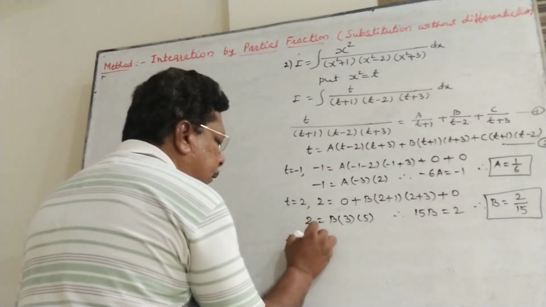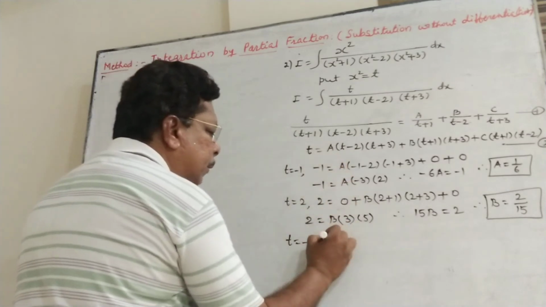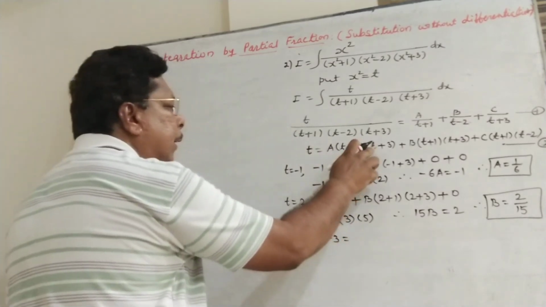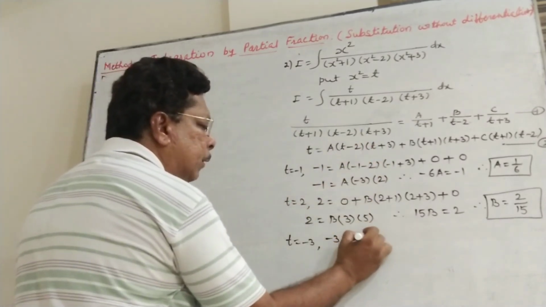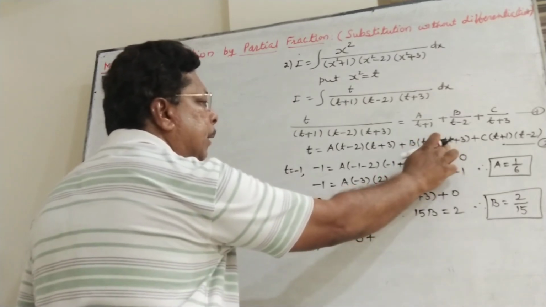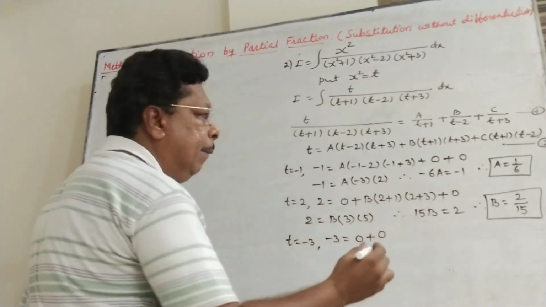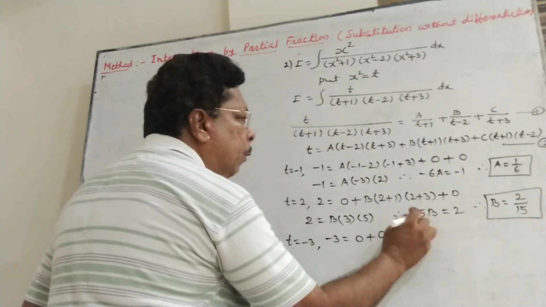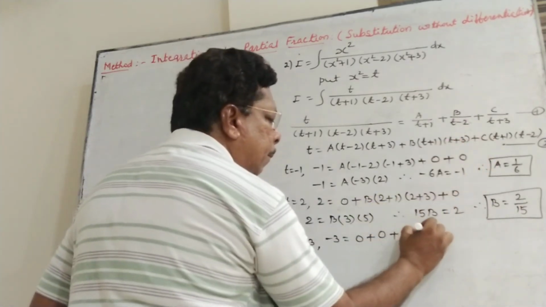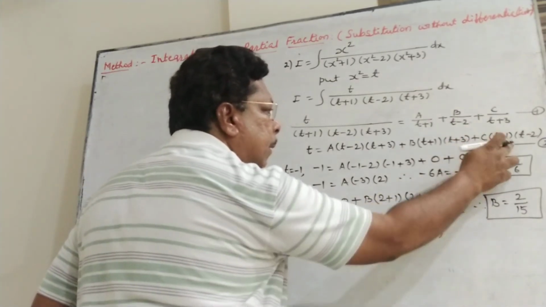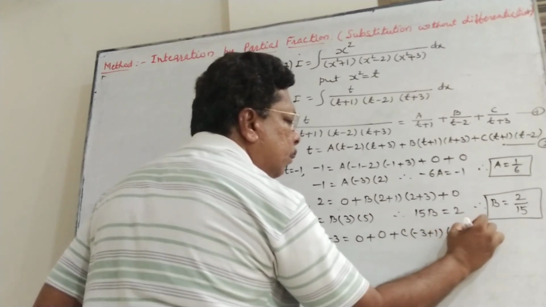T equal to minus 3. Equation 2 becomes minus 3 equal to, here minus 3 plus 3 is 0, so the first term is 0. Here also minus 3 plus 3 is 0, so the second term is 0. Plus c into, put t equal to minus 3, minus 3 plus 1, minus 3 minus 2.